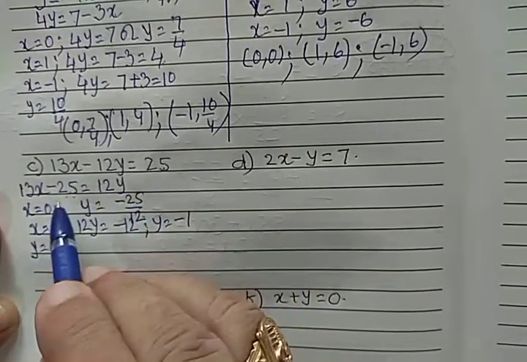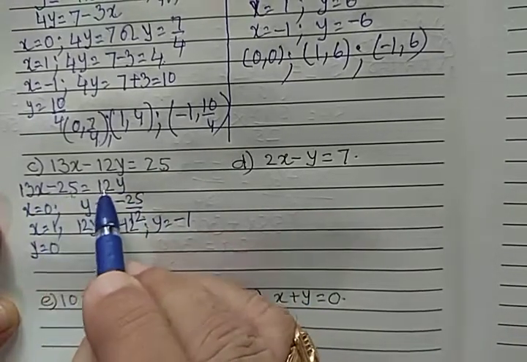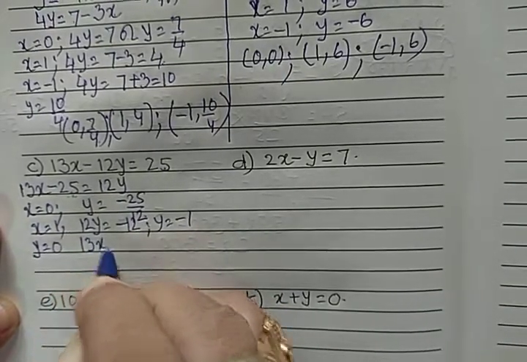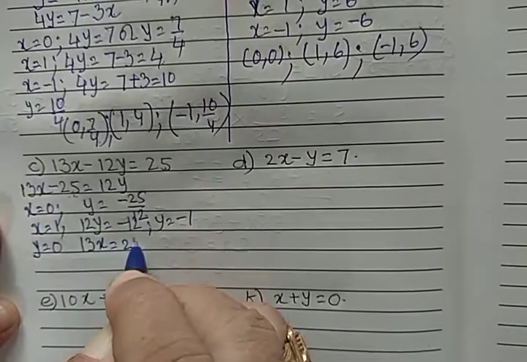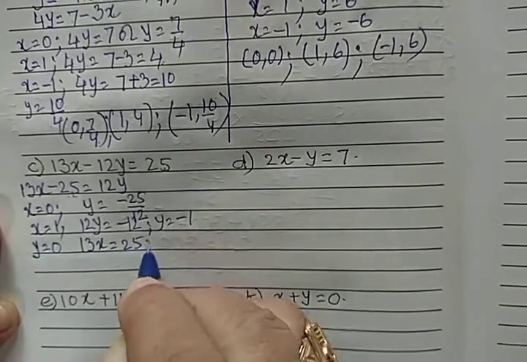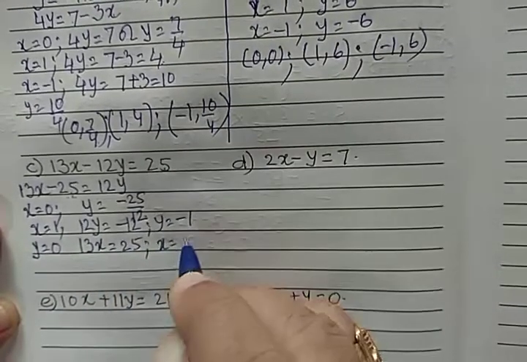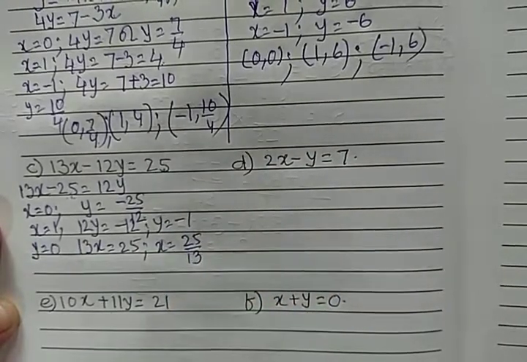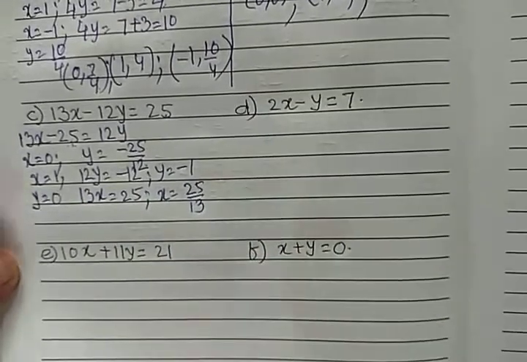So 13x minus 25 is equal to 0, or 13x is equal to 25, or x is equal to 25 by 13. So what are the three solutions?